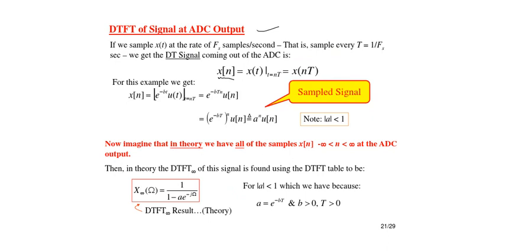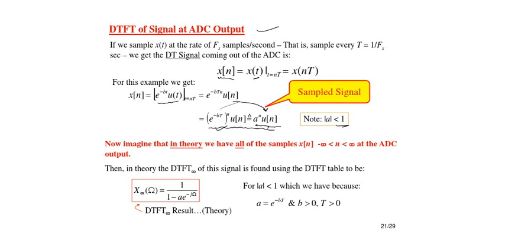So e to the power minus bt can be replaced by a to the power n u of n, where a is less than 1. Why? Because this is a decaying exponential, so we know that a is less than 1. This kind of signal we have already seen, and we already know its DTFT, which is nothing but 1 upon 1 minus a to the power minus j omega. Please remember that this is for an infinite duration signal.